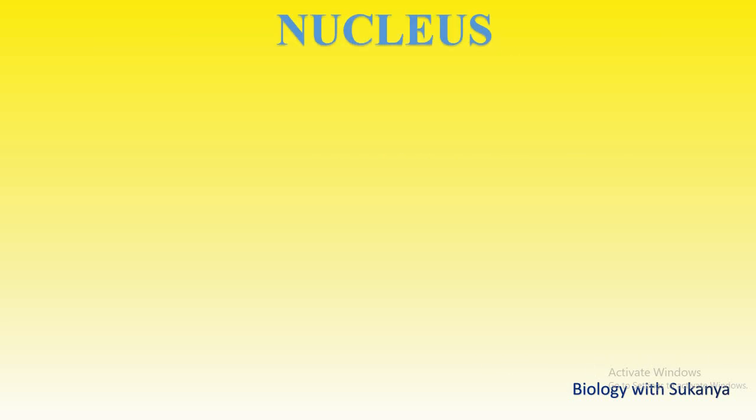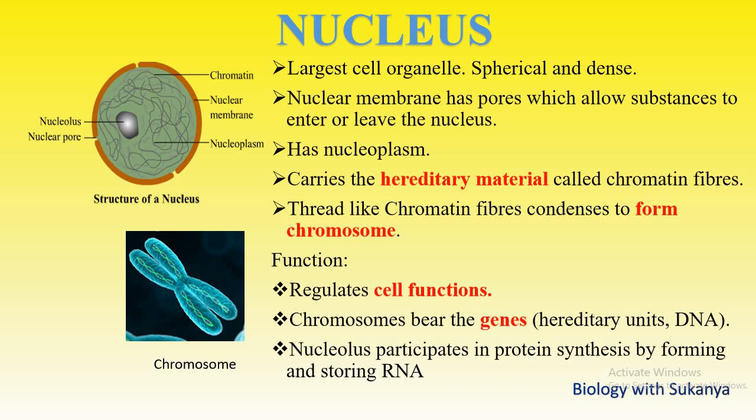Now we come to one of the major cell organelles, which is known as the nucleus. The nucleus is the largest cell organelle. It is spherical and dense. The nucleus has a nuclear membrane, nuclear pore, nucleolus, nucleoplasm, and thread-like structures known as chromatin.